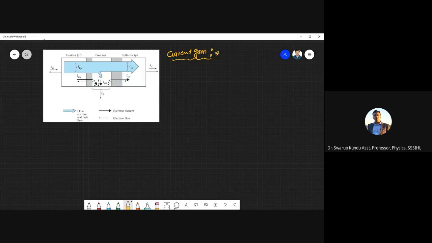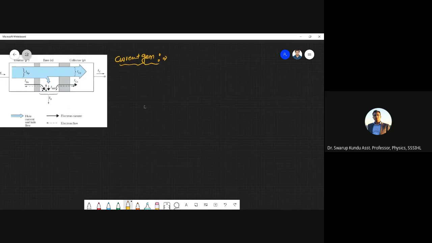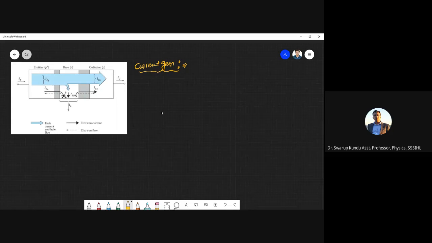Before going further, we need to first make some assumptions. Only then are all these relations valid. The first one is that we assume there is no generation and recombination in this region. What is this region?